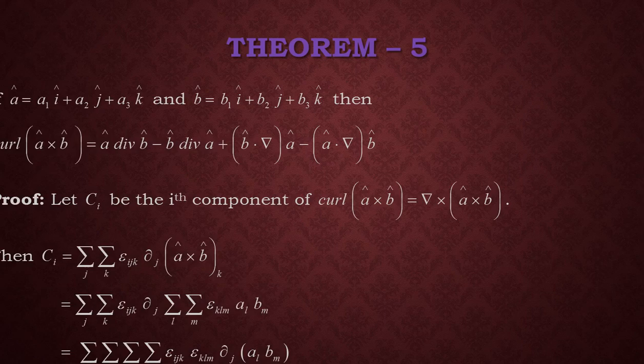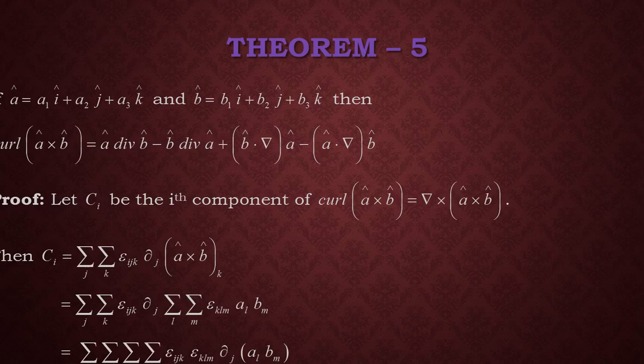A cap cross b cap equals a 3 by 3 determinant whose first row is i cap, j cap, k cap, a1, a2, a3 are on the second row, b1, b2, b3 are on the third row. We know this very well. Here we have to find out curl of a cap cross b cap, which is the LHS of our present identity.